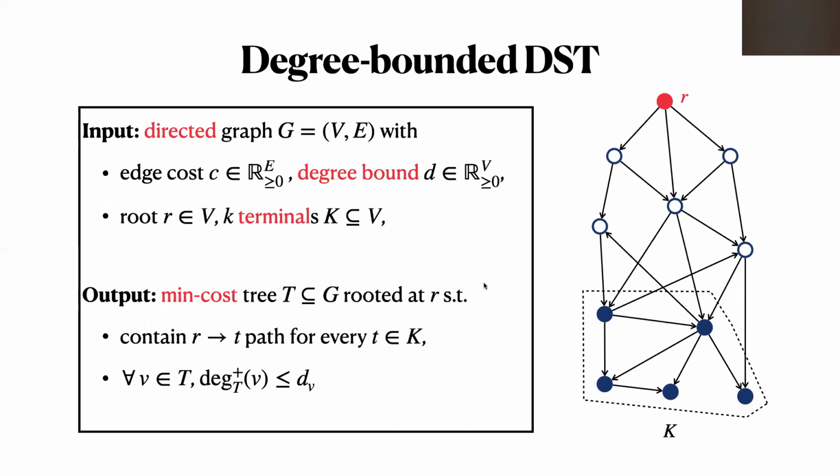The goal is to find the minimum cost tree T that connects R with every terminal, and T respects the degree bound. So in this example, the highlighted edges represent a feasible solution.